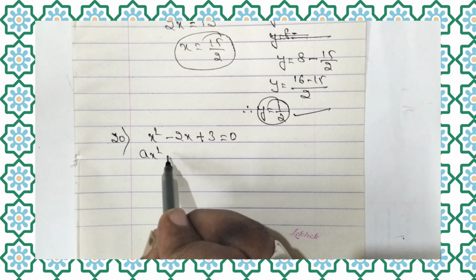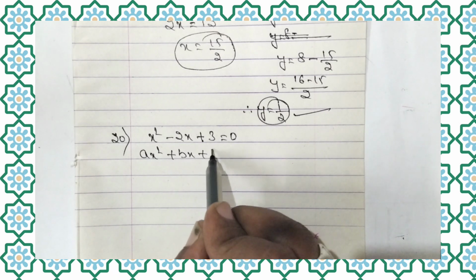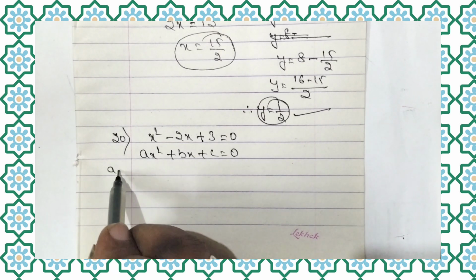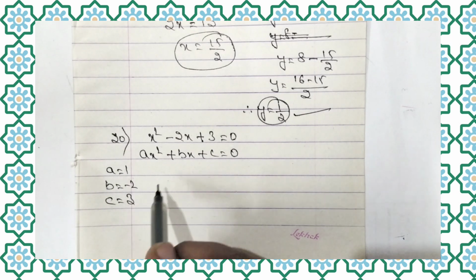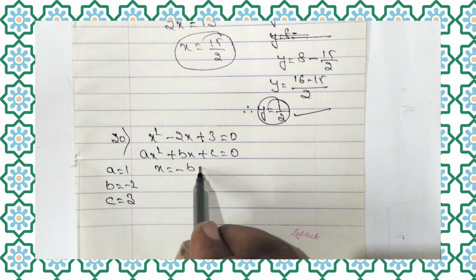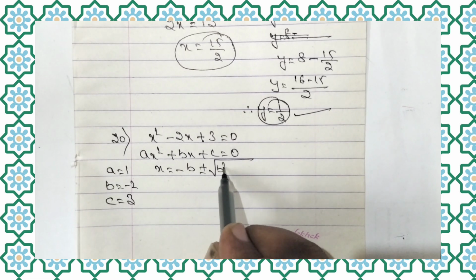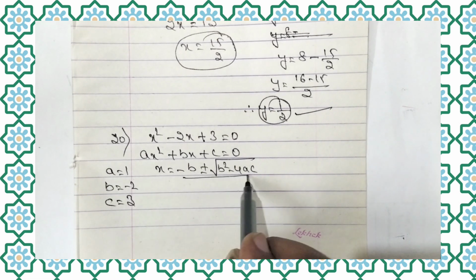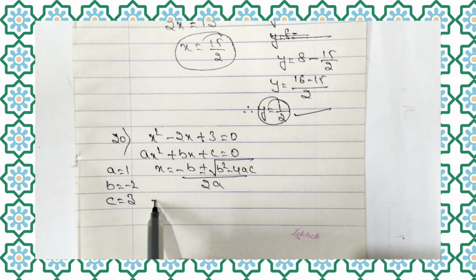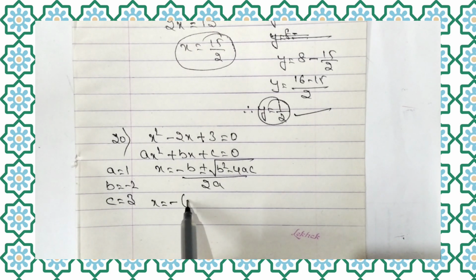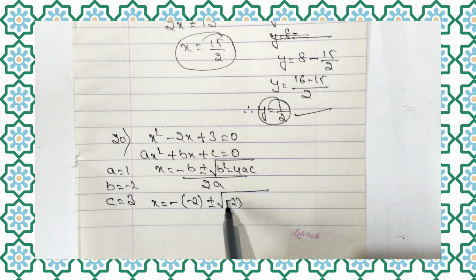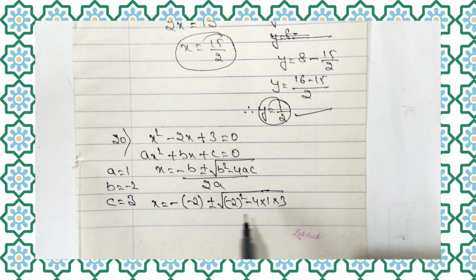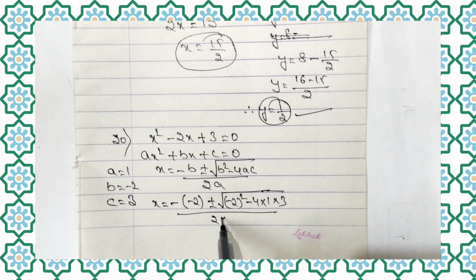So let us use the formula ax square plus bx plus c. Comparing with the standard form, a is equal to 1, b is equal to minus 2, c is equal to 3. x is equal to minus b plus or minus square root of b square minus 4ac divided by 2a. So x is equal to minus b, that is 2, plus or minus square root of b square, that is minus 2 whole square, minus 4 into a, that is 1, into c, that is 3, divided by 2 into a, that is 1.